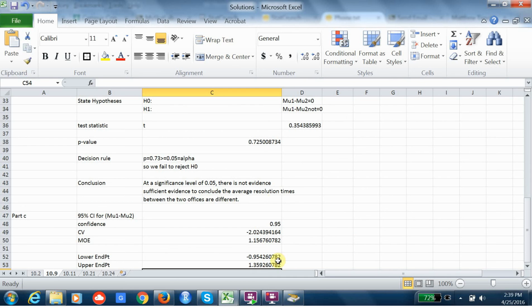And it only applies when the alpha and the confidence add up to 100%. So in other words, the alpha for the hypothesis test plus the confidence for the confidence interval have to add up to 100%. Then it's true that you're going to reject the null hypothesis, that your true parameter is equal to d if and only if d is not in the confidence interval. All right, I think that's all for this problem.